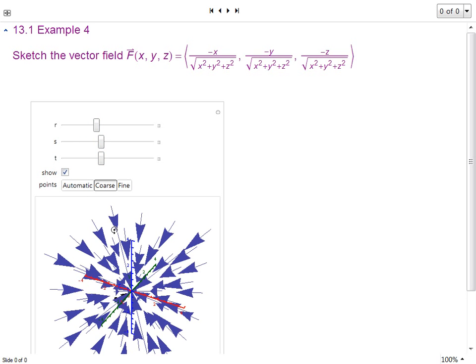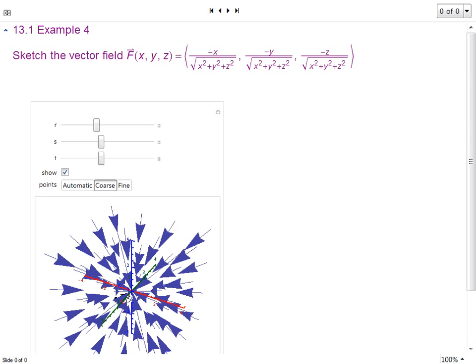In fact, that is the template for all gravitational force vector fields, that right there. What's the center? That's a different question. But you can get pretty close to what's happening in reality using this vector field.